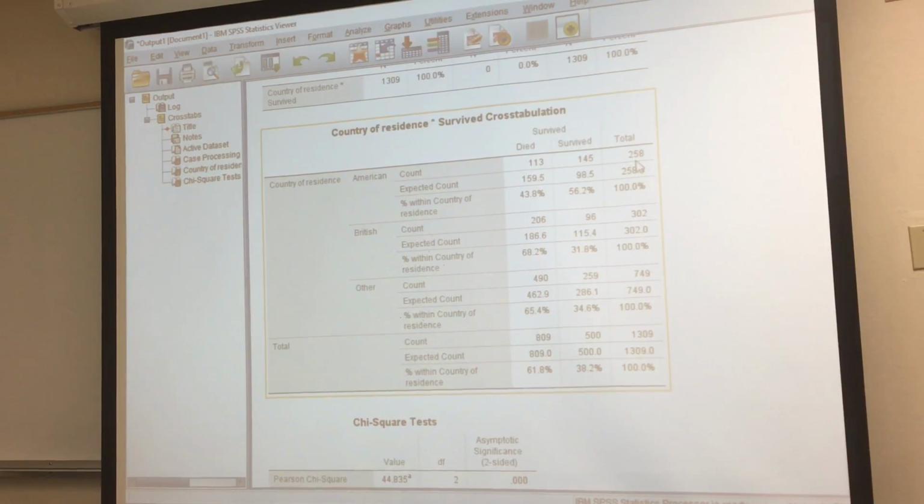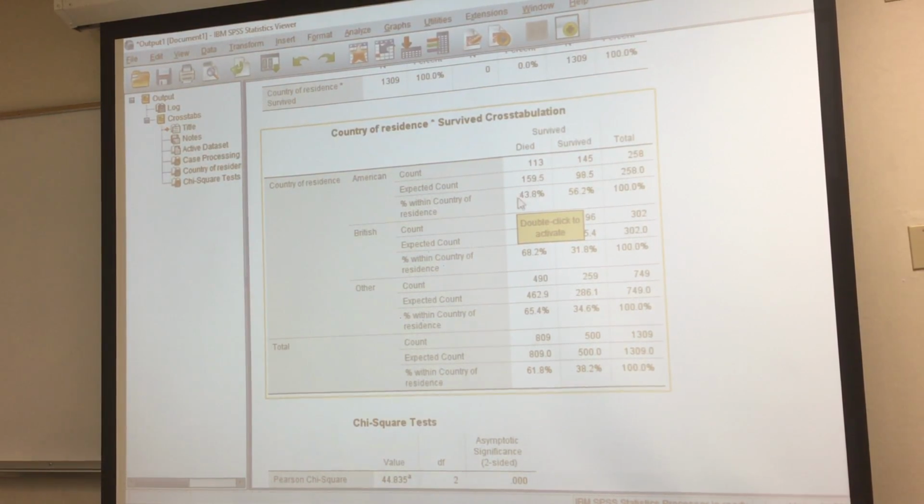So this percentage shows how many percent of American people died and how many survived. 43.8% died, and 56.2% of American people survived, and the total percent is 100% of course.